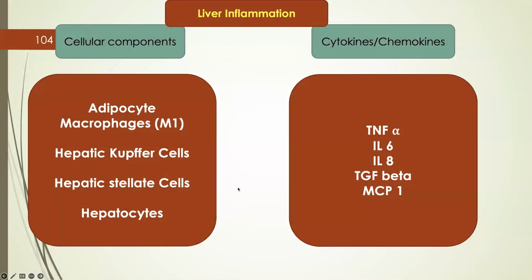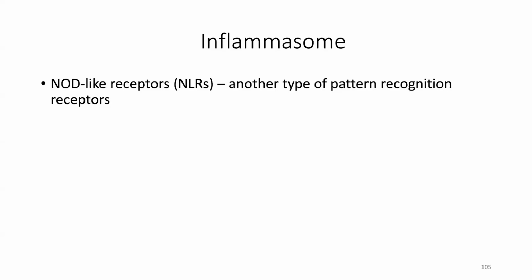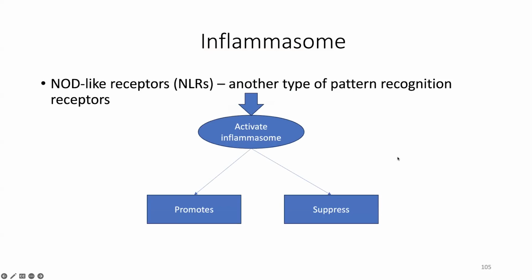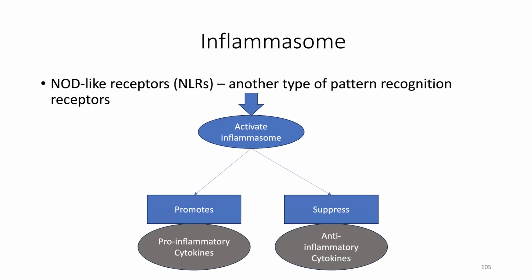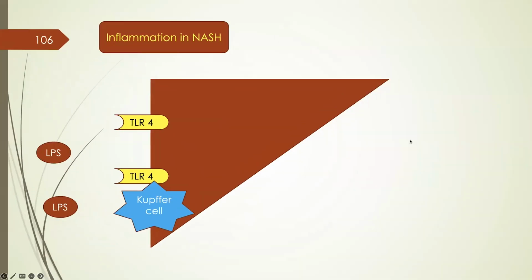So the two types of cellular as well as the cytokine parameters tend to cause inflammation, and this inflammation occurs basically in the form of a substance called inflammasome, which promotes inflammation, and this inflammation suppresses anti-inflammatory substances and causes more inflammatory substances.